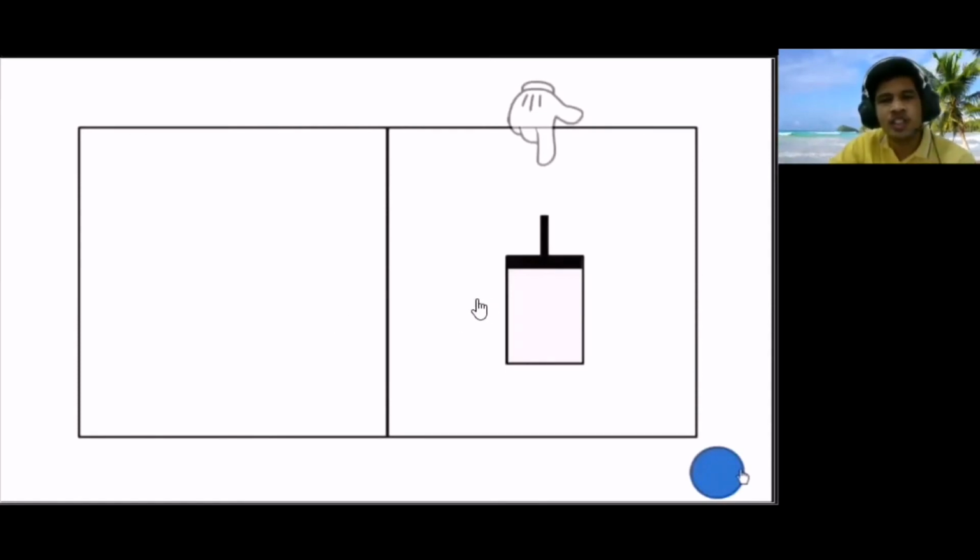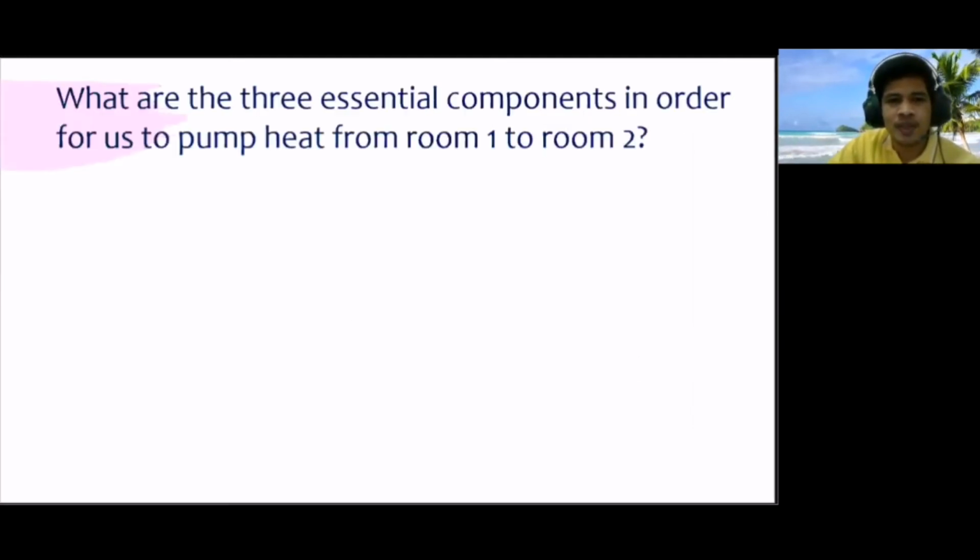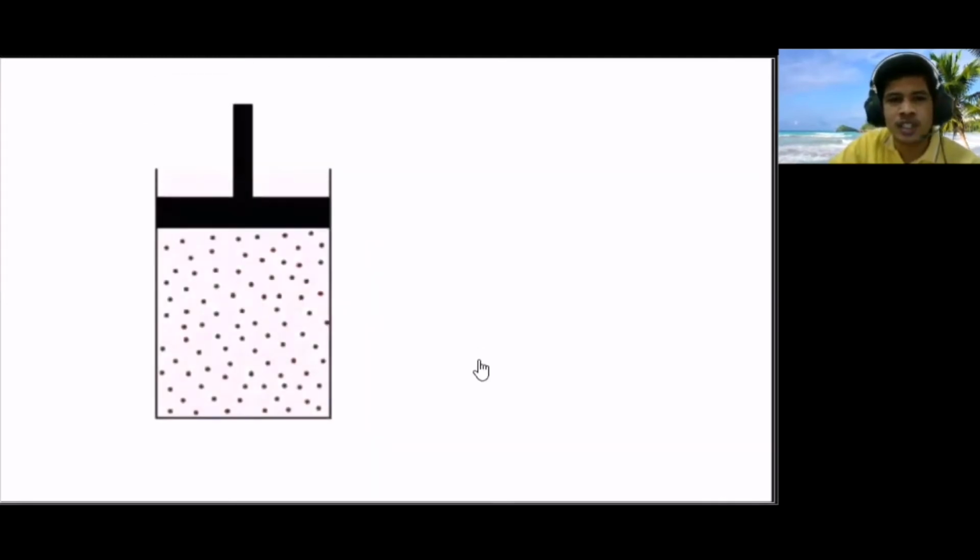If we repeat this process again and again, in other words, we can make room number one really cold and room number two really hot.